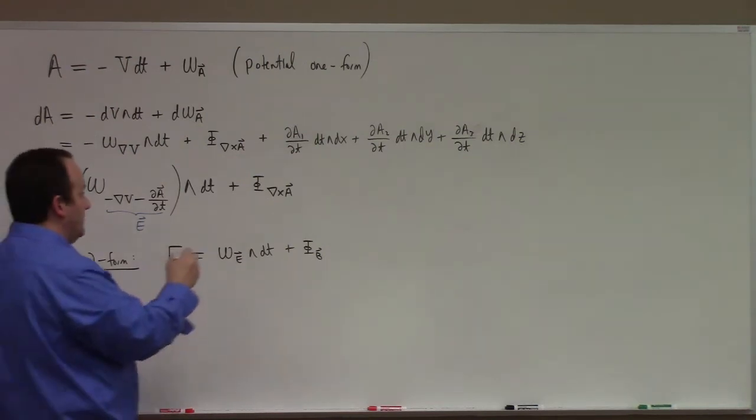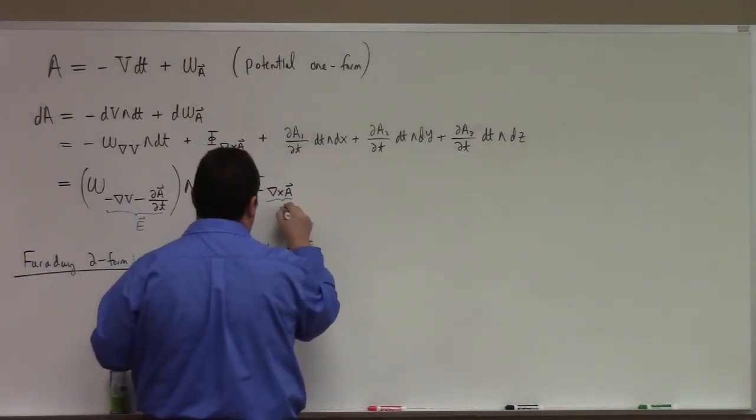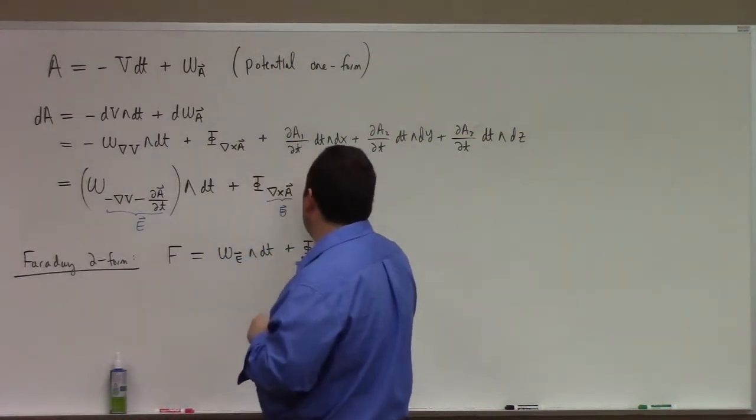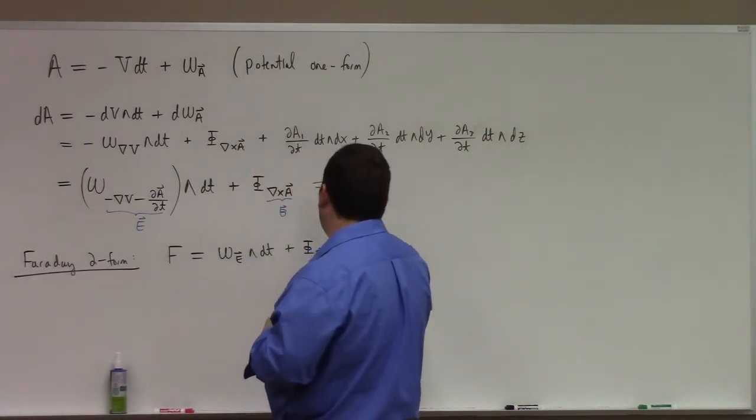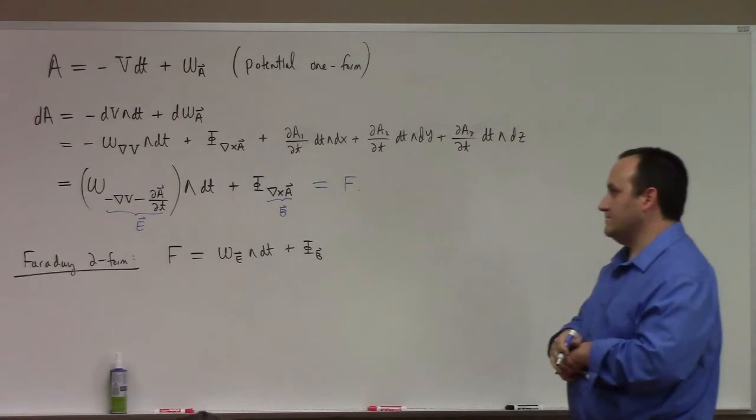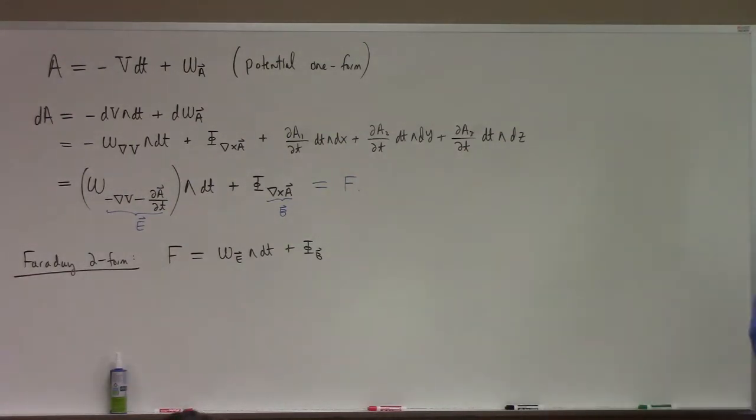And this is B. And so this is F. So if I get my sign conventions right, we can fold the scalar potential and the vector potential into a single 4 potential whose exterior derivative gives me the Faraday 2 form.